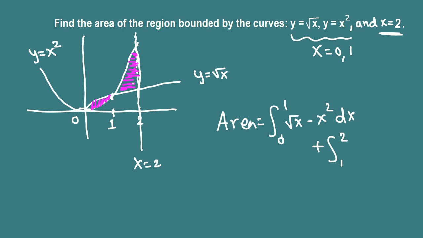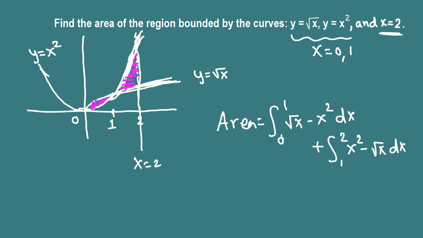In this case, the upper curve is just x squared, minus lower curve, which is square root of x.